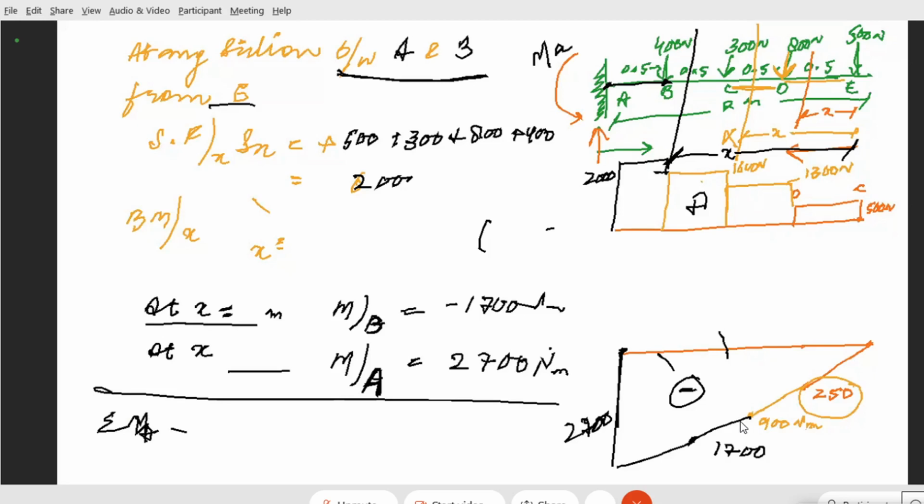And if you want to cross-check it, you can go from point A to E and calculate the moment at point A, and that will come out to be 2700 Newton meter.